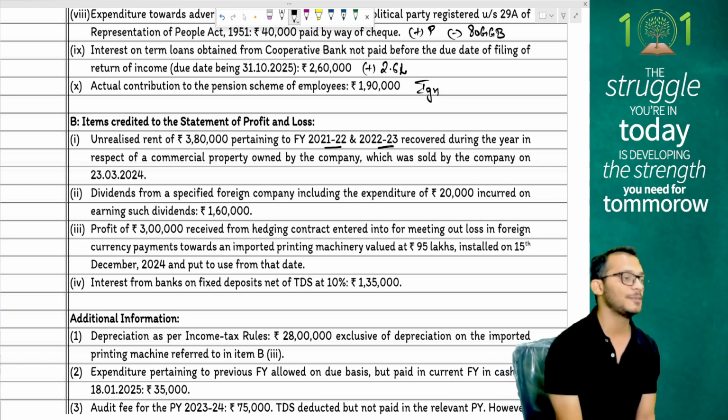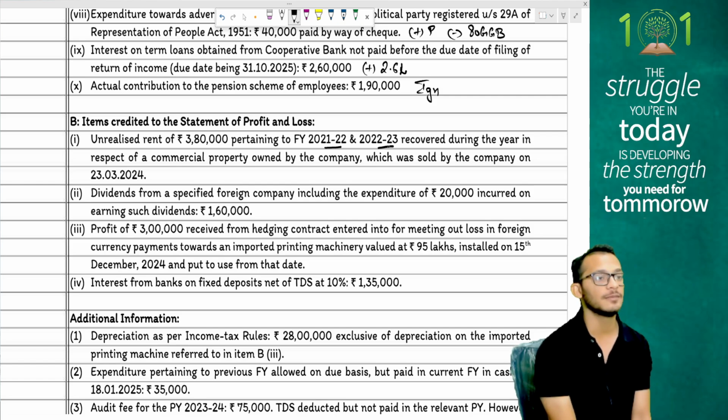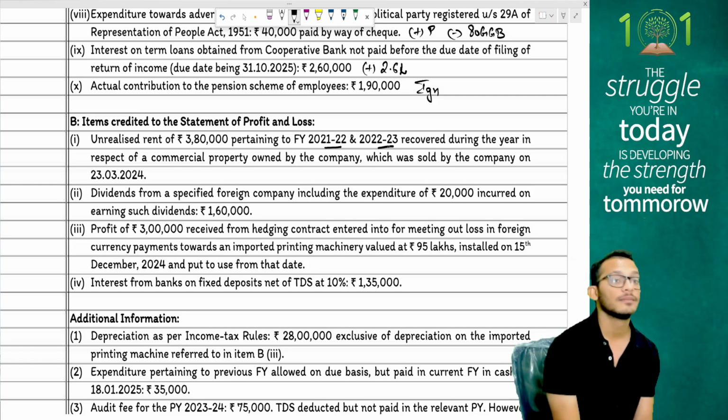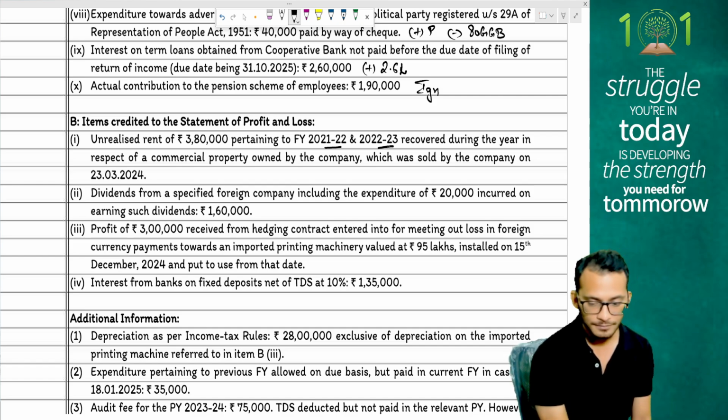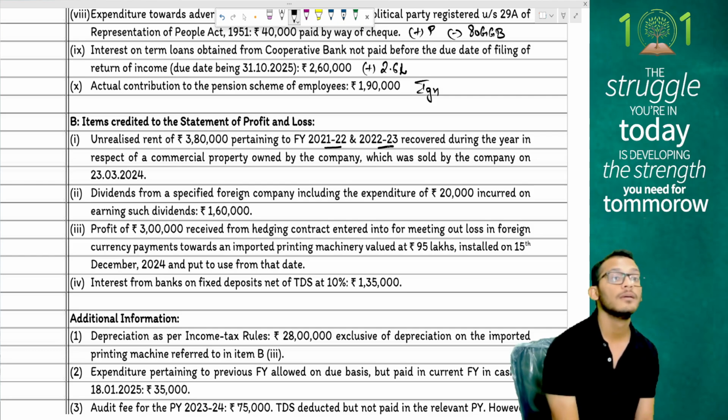People, for those who remember the HP chapter, I told you in HP, rents of past years if received in the current year will be taxable in the after. Are you in the business of letting out properties? Unless and until you are in the business of commercial properties, it is PGBP.